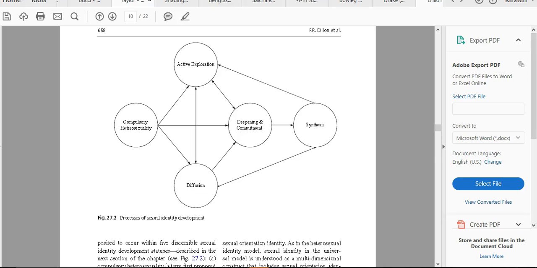Then, through interactions with other individuals and through reading and curriculum, he entered the phase of active exploration, and never really saw himself as being anything other than heterosexual, but became very aware of the dominant and marginalized groups in society and the way that heterosexuality is a privileged position.